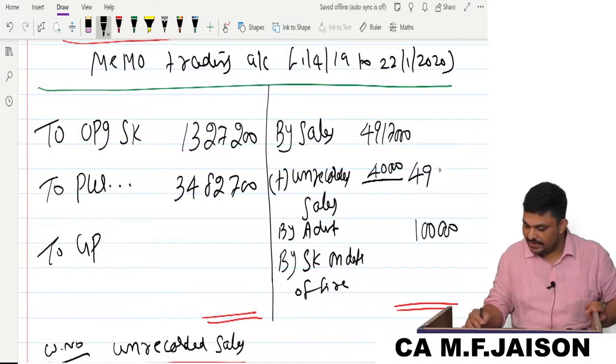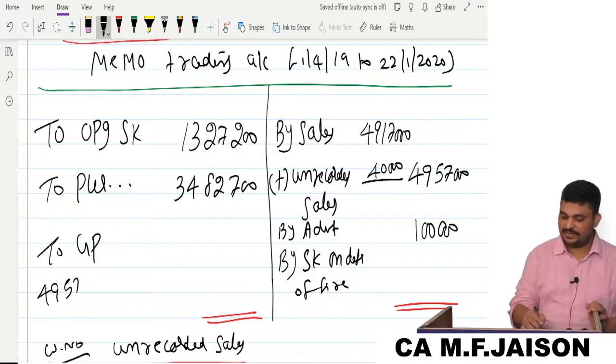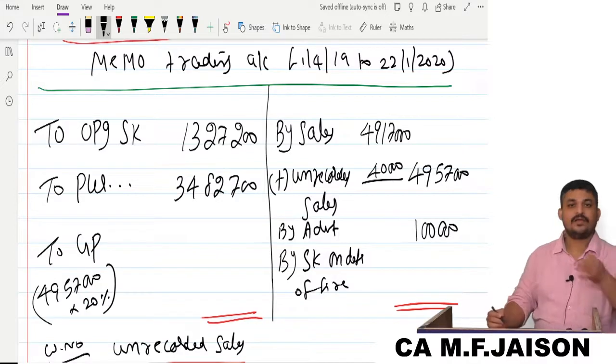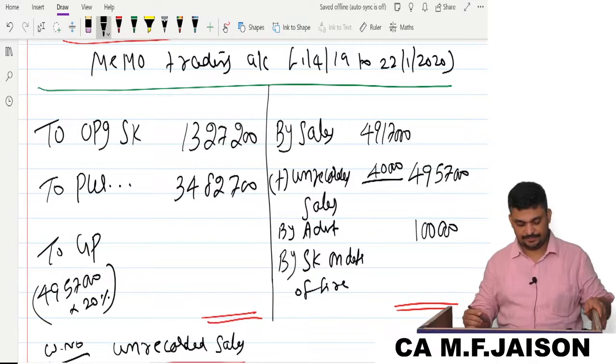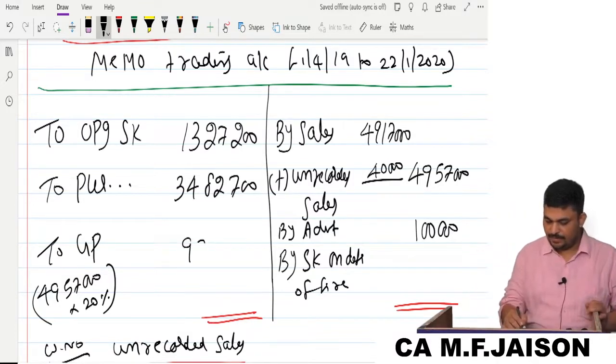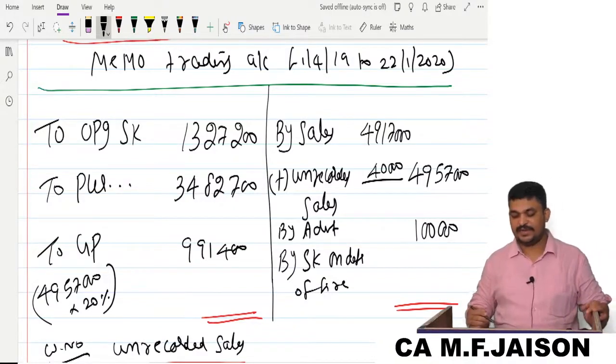Thereby it is 49 lakh 57,000. And gross profit, we know it is 49 lakh 57,000 into 20 percentage, 9 lakh 91,400. So that we arrive at the stock on the date of hire as balancing figure.